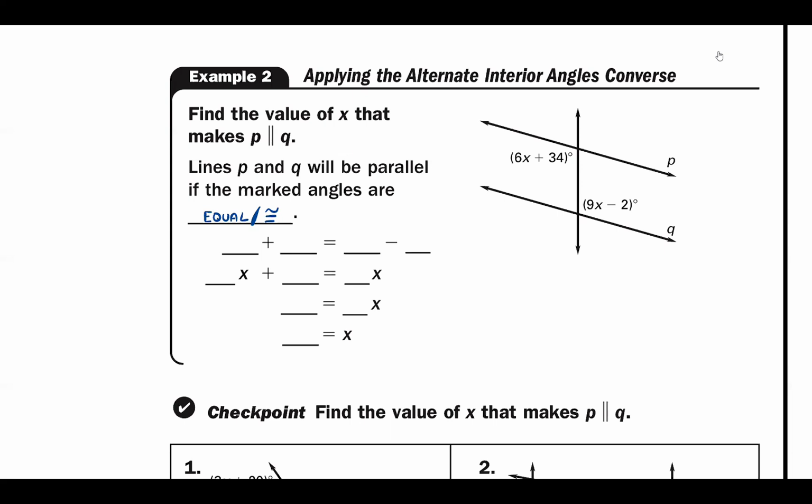All right, so let's plug in what we know. 6x plus 34 equals 9x minus 2. What did they do first? We can even have a little fun.